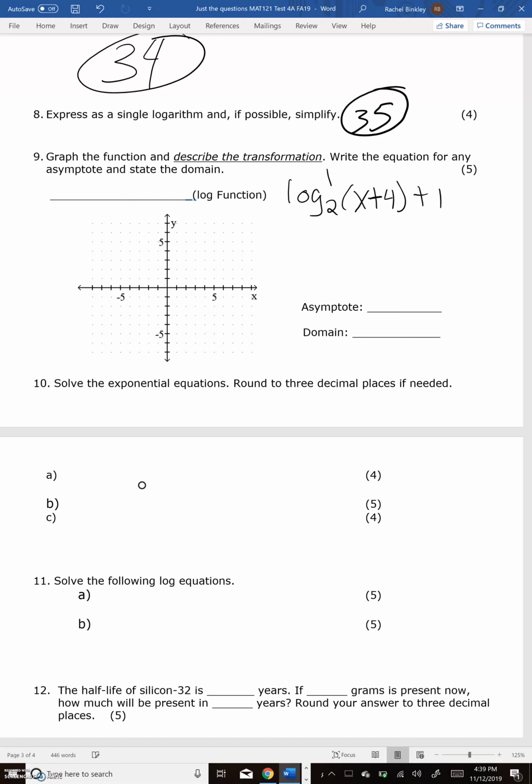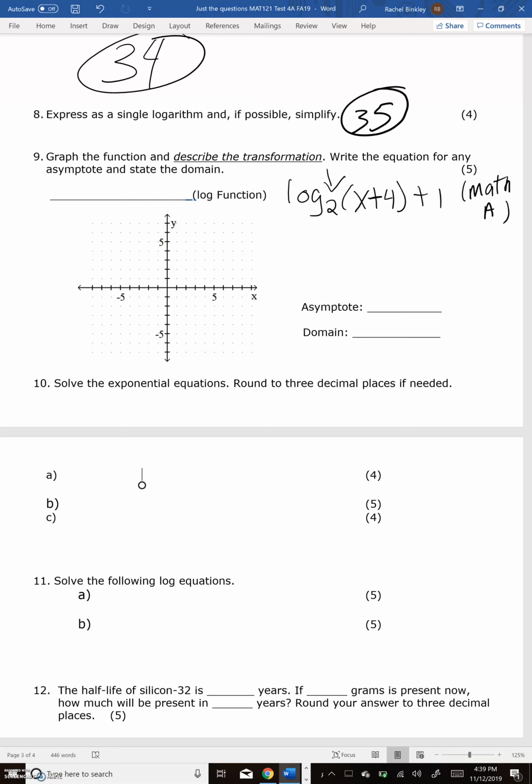Base 2, you find under math, I believe. It's math A. If you do math A, you can find your bases. Okay, and you can pick a couple points and go ahead and graph it.